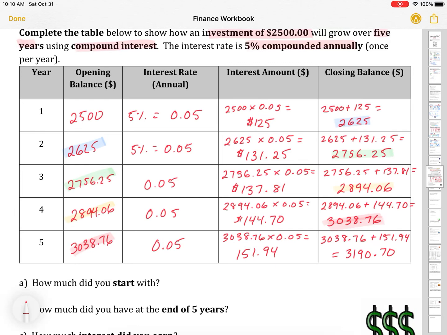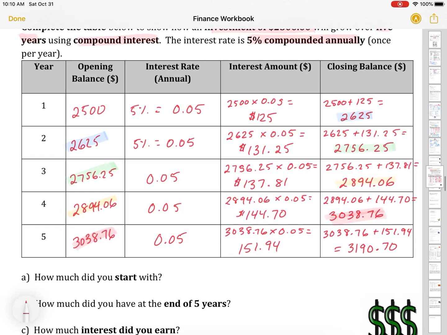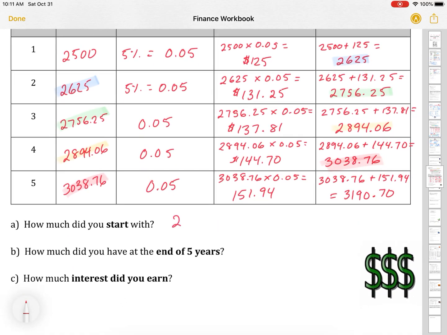Now, if you scroll back to when we did simple interest, we actually started with the same principal and our same interest rate. But at the end of it, we only had 3,125. So we earned more interest doing it with compound. Okay? So here, how much did we start with? $2,500.